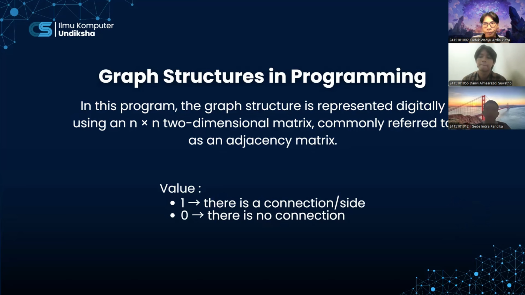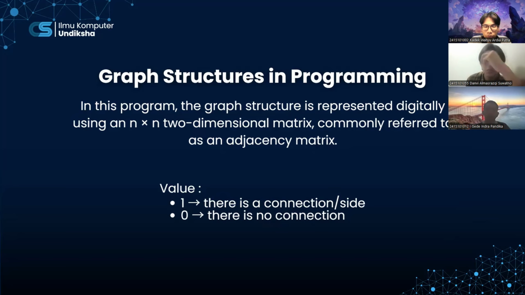The variable n represents the total number of vertices directly input by the user when the program is first run. In a computer system, these vertices are not represented by letters, but rather by row and column indices of the matrix, starting from vertex 0, 1, 2 up to vertex n-1.